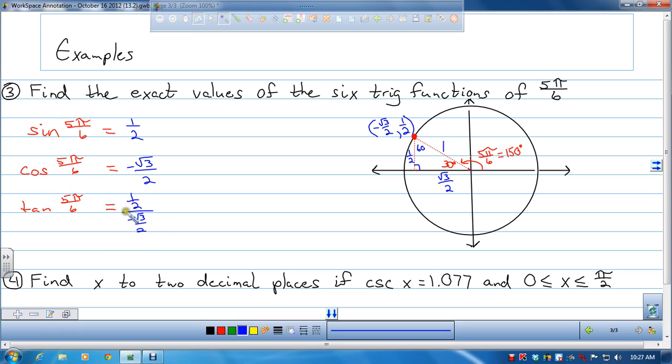And if you want to skip this step and go straight to the multiplication of the reciprocal, you can. 1/2 times negative 2 over root 3, which gives me negative 2 over 2 root 3, which I need to rationalize my denominator.